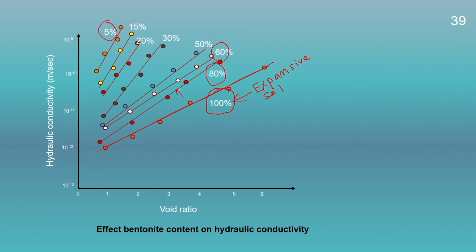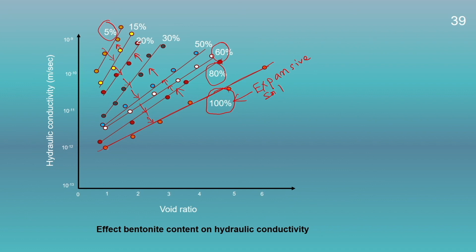As we decrease the expansive soil content, the hydraulic conductivity keeps on increasing, or as we increase the expansive soil content, the hydraulic conductivity keeps on decreasing. Again, this decrease in the hydraulic conductivity due to the increase in the expansive soil content is because of the ability of expansive soil to fill those voids completely and prevent the migration of the water, therefore, a decrease in the hydraulic conductivity.